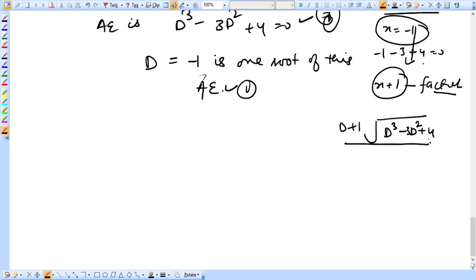Another method, which I'm suggesting because it is quicker, is synthetic division, also called Horner's method.